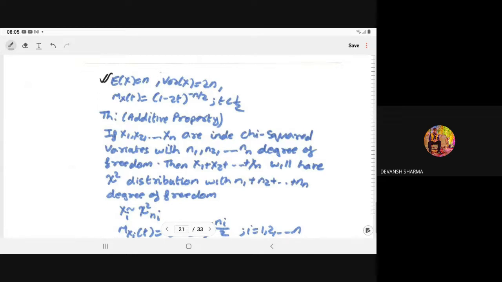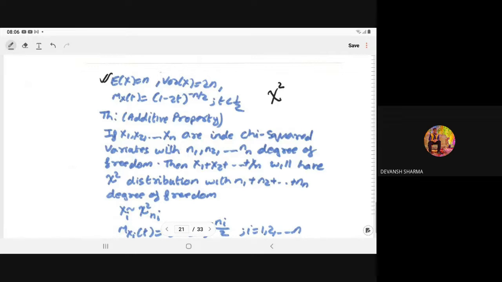Another additive property for the chi-square distribution is: if x1, x2, ..., xn are independent, and this is the notation of the chi-square, with degrees of freedom n1, n2, ..., nn, then x1 plus x2 plus ... plus xn will also have the chi-square distribution with degree of freedom n1 plus n2 plus ... plus nn. Most important, in a multivariable system, the variables must be independent.